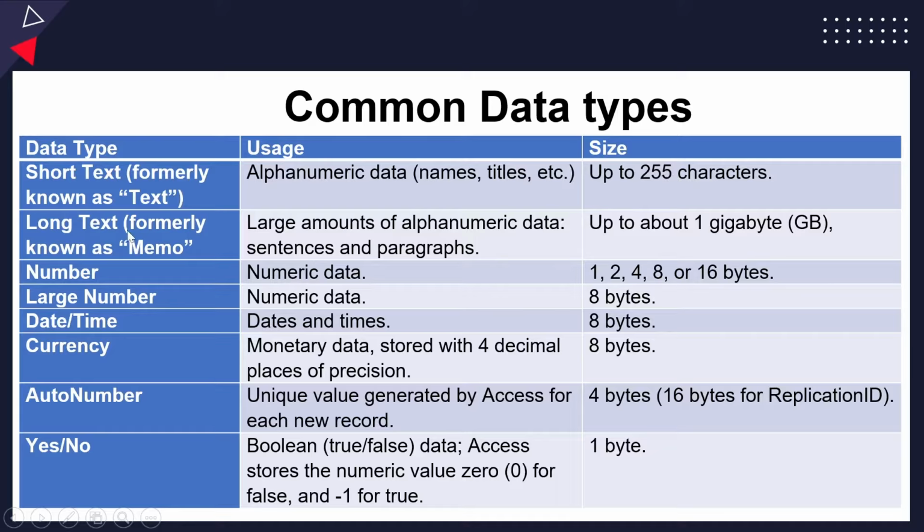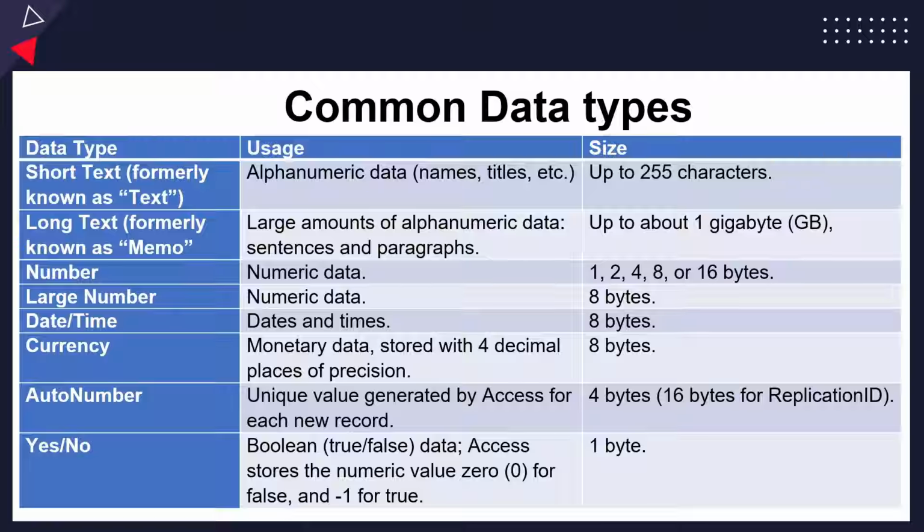Then long text: in the earlier versions of Microsoft Office, that is before Office 7, short text is known as text and long text is known as memo. In either case, memo or long text stores large amounts of alphabets.